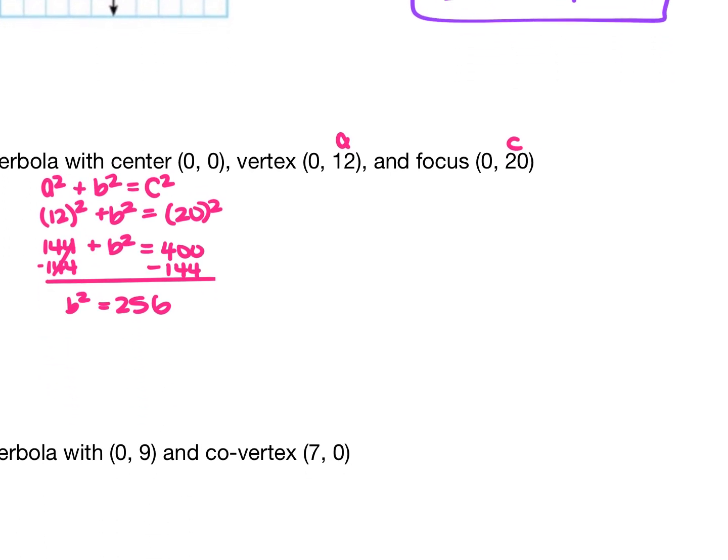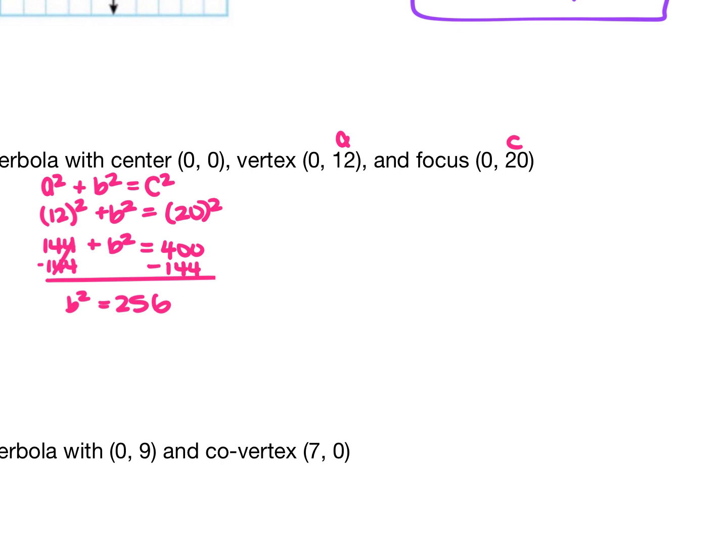However, it's not necessary because you're going to use B squared in your formula. Looking at your vertex, that vertex has a number in your Y value. So you're going to use Y squared over A squared minus X squared over B squared is equal to 1.